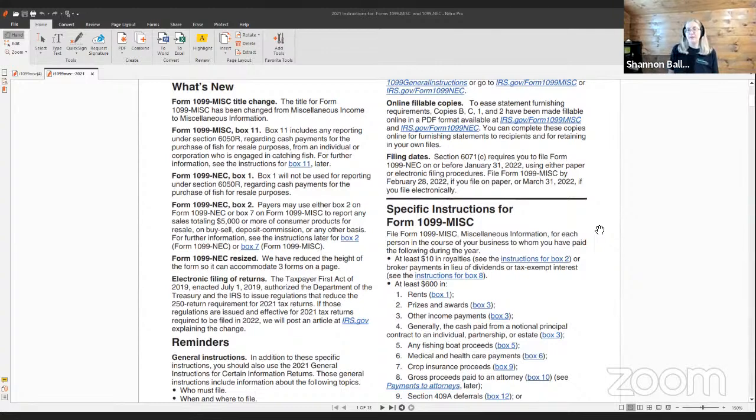So now if you send in a Form 1099 NEC with Form 1099 miscellaneous, even though you're mailing them all together, if you file it on February 15th, only the NEC forms will be late, and the miscellaneous forms will be considered on time. And that is the biggest reason why we have the split.